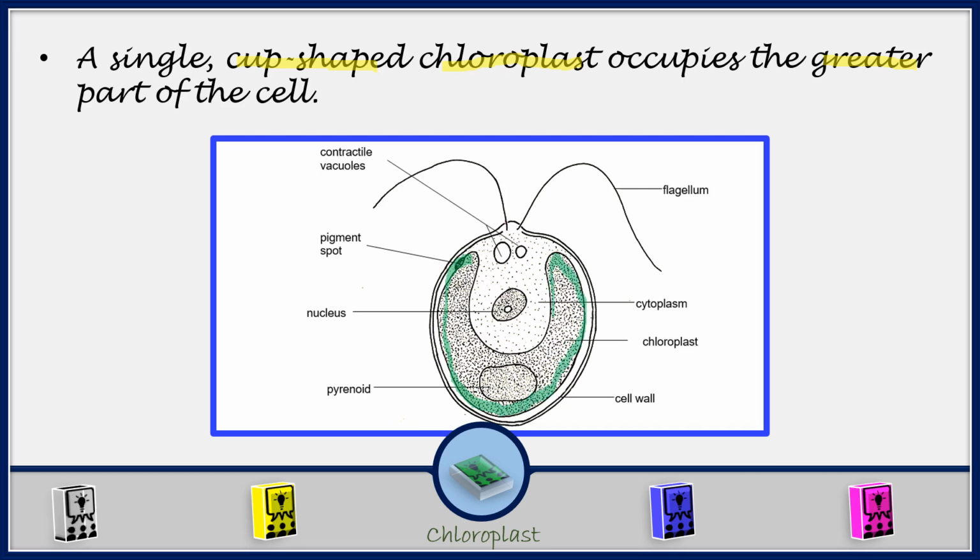All of this is the chloroplast, so you find that it is covering a bigger part of the cell.